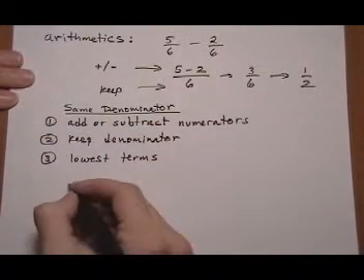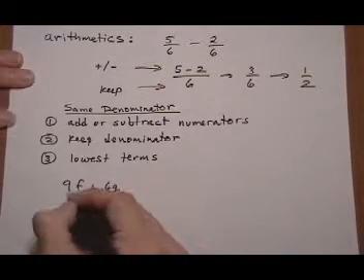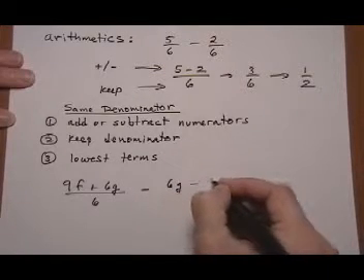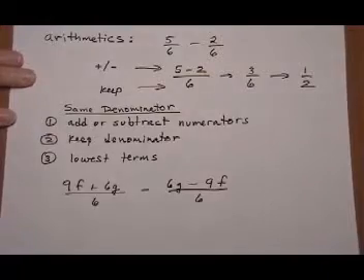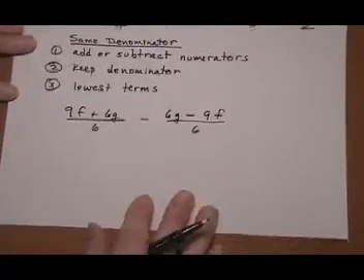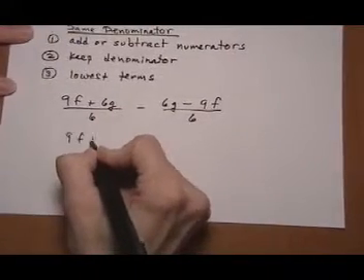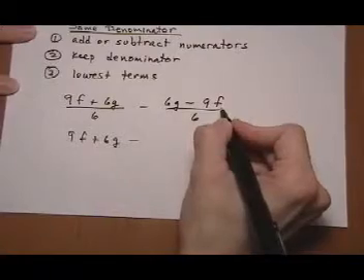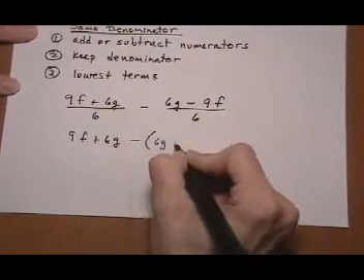Alright, so let's go ahead and I'm just going to rewrite the problem we're given. 9f plus 6g all over 6, take away 6g, take away 9f all over 6. So we have a subtraction problem, so we're going to subtract the numerators. 9f plus 6g, take away the entire numerator, and to remind myself that it's the entire thing being subtracted, I'm going to put parentheses.